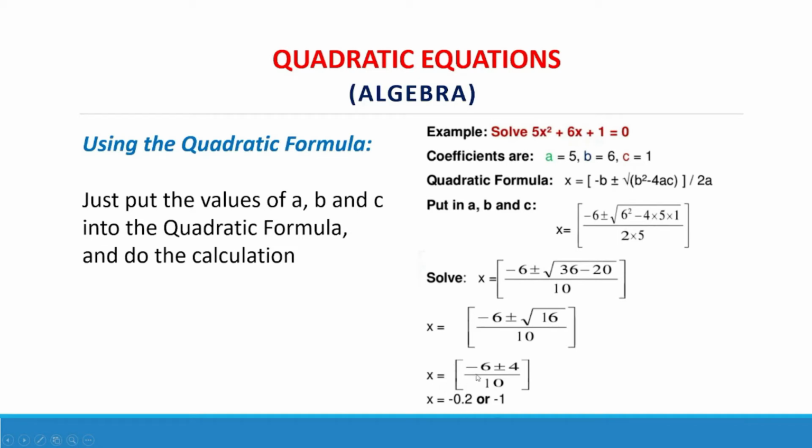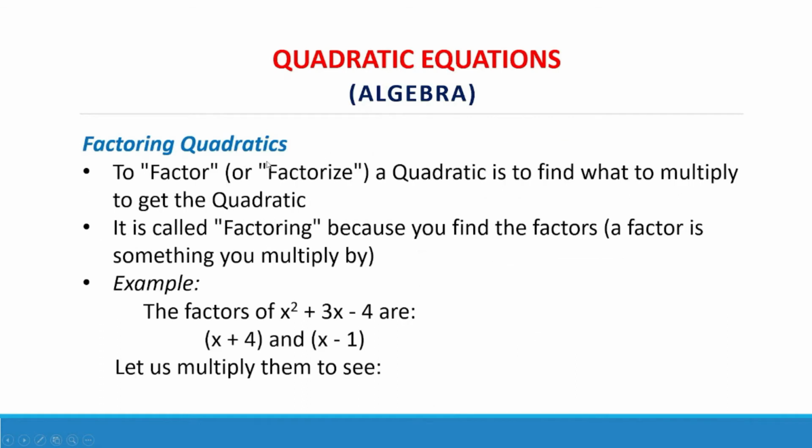While x equals negative 6 minus 4, which is negative 10 all over 10, and that is negative 1. So the values for x are negative 0.2 or negative 1, or in fractions, negative 1/5 or negative 1.